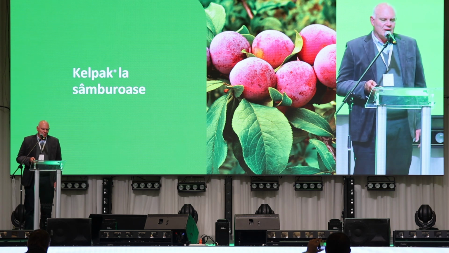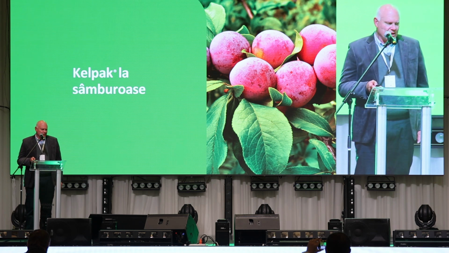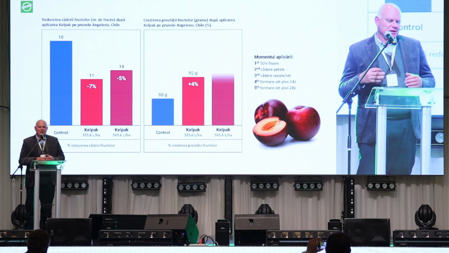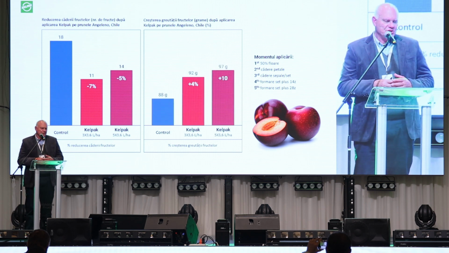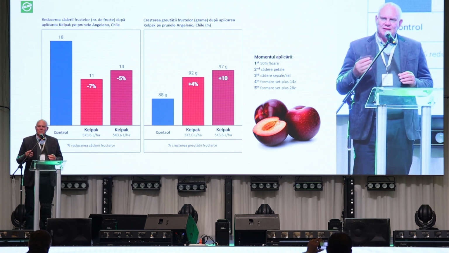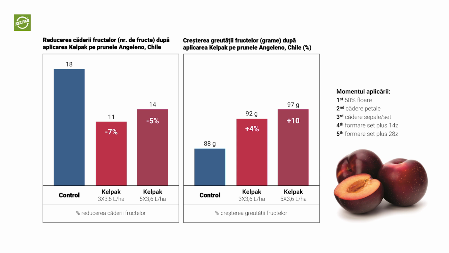Now, if we look at Kelpak in plums, here is a typical trial that was done in Chile. We find that with application at the flowering stage, repeated several times, we get less fruit drop. When the natural fruit drop of plums happens, the Kelpak treatment actually reduced that.